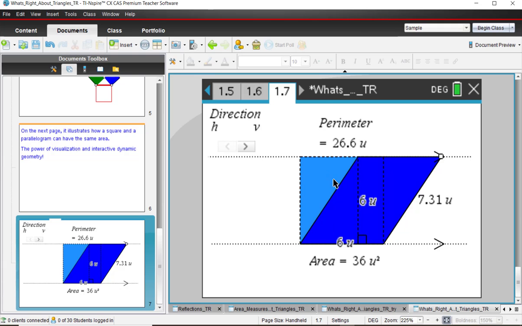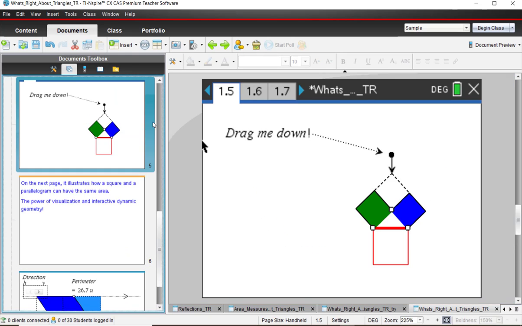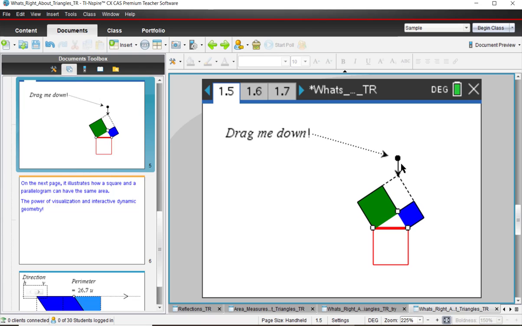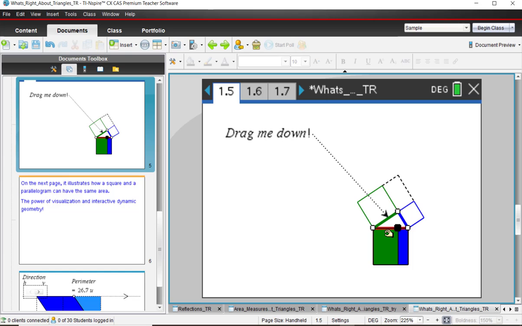But for the light blue, it's also 6 by 6. So remember, area of a parallelogram is base times height, area of a square, base times height. So that's why that worked before when we did this. These squares had the same area as these parallelograms that we got, and we pull and dump them down in there.